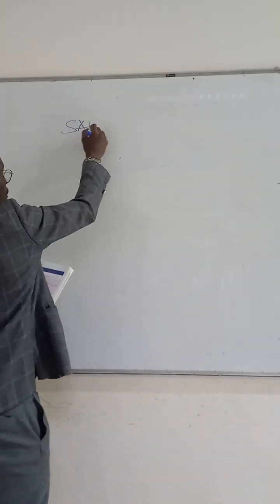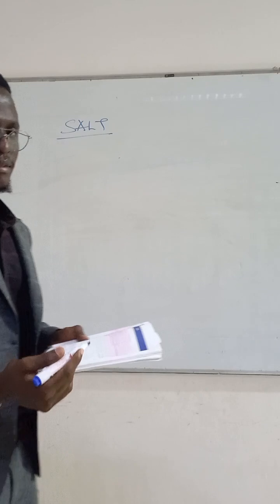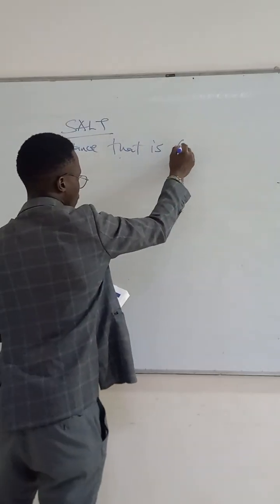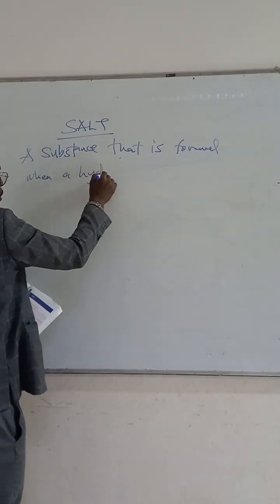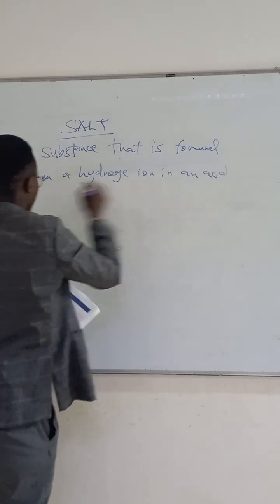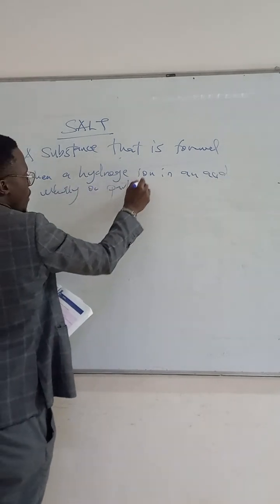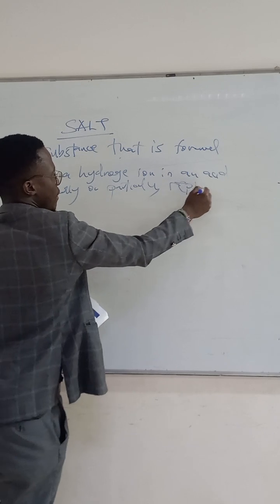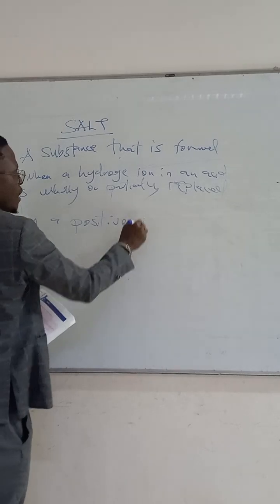You must know what a salt is. A salt is basically a substance that is formed when a hydrogen ion in an acid is wholly or partially replaced by a positive ion.